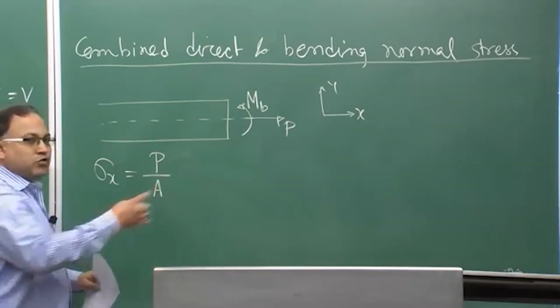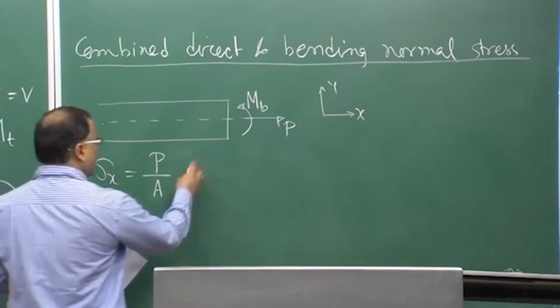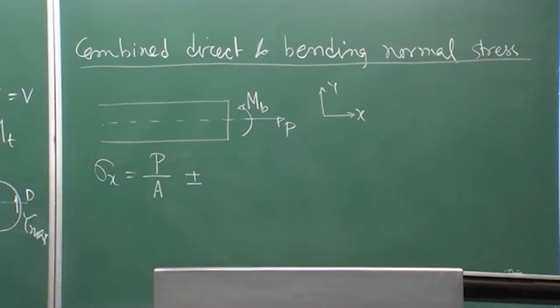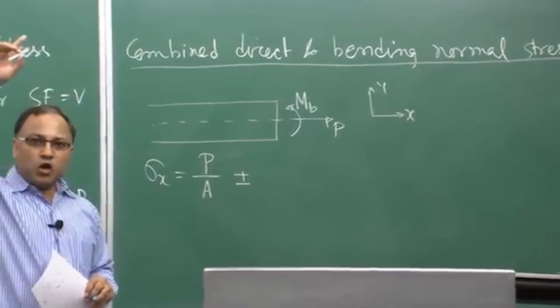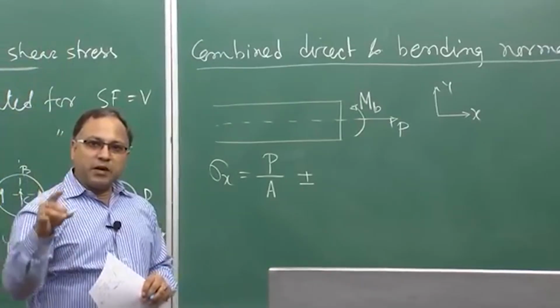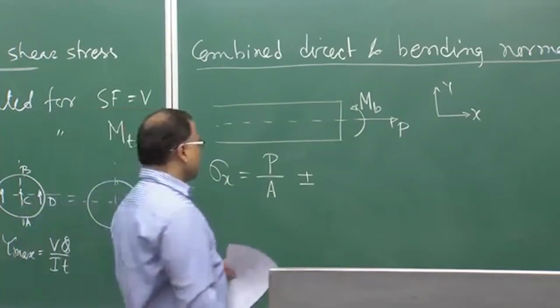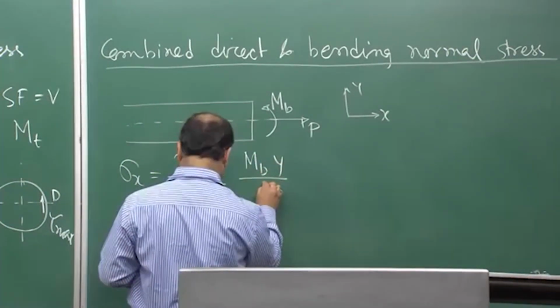Always it will be tension, so always positive, there is no issue. But for bending it will be plus minus, that means minus is for compression, depending on the upper fiber. You know the variation, it will be a triangular distribution, maximum at the top and 0 at the neutral surface. That will be MB y by I.